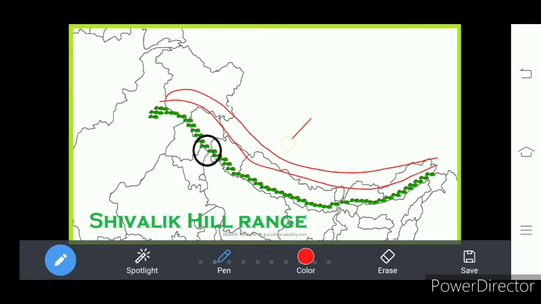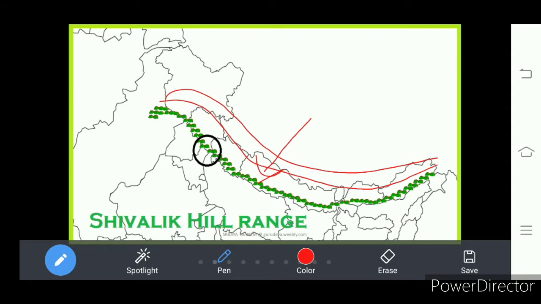So when rivers flowing towards south were obstructed by the Shivaliks, they cut the surface and brought silt and sedimentation. Those were deposited in the Shiwaliks and turned to lakes. After many years, these lakes dried up when they cut through the Shivaliks and flowed further down.